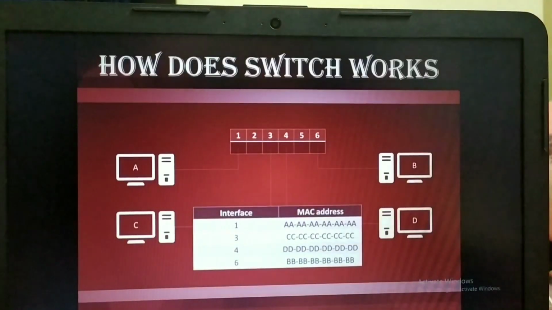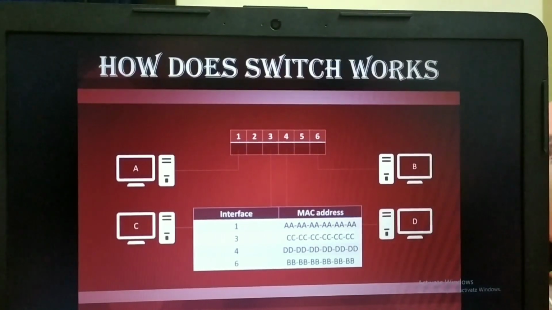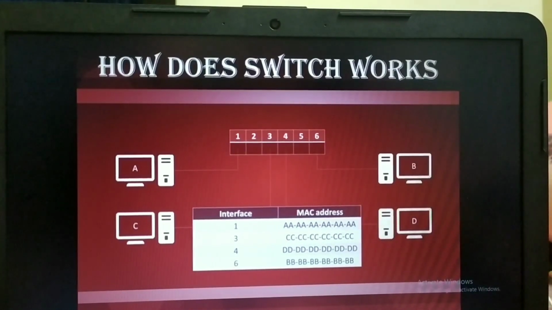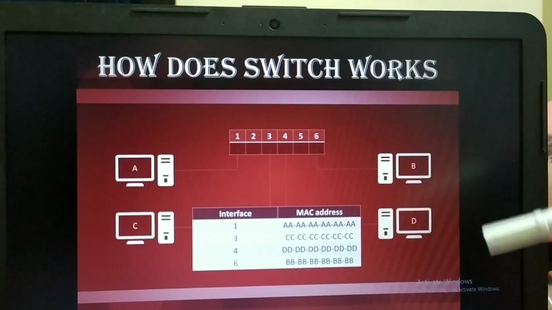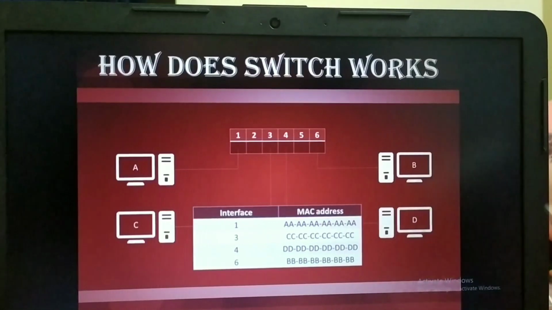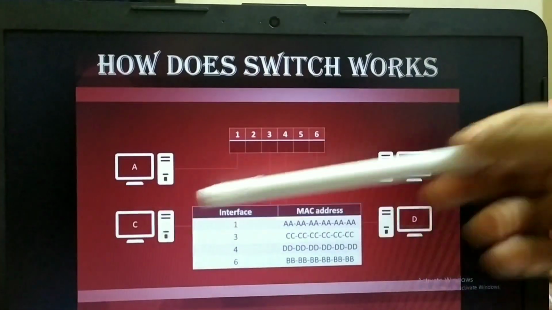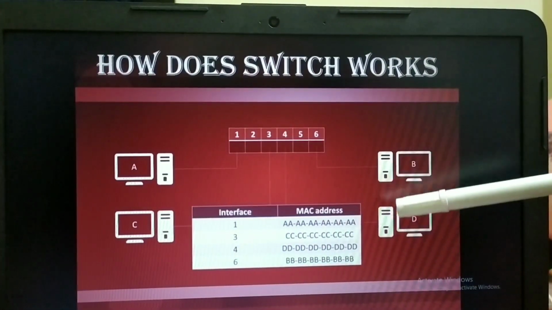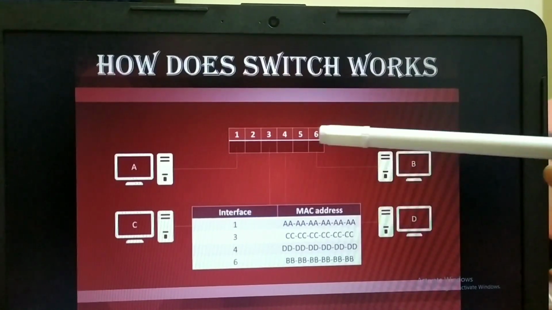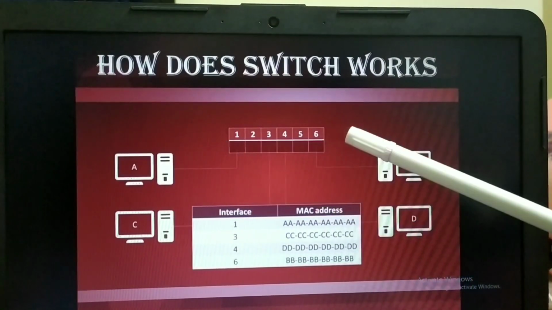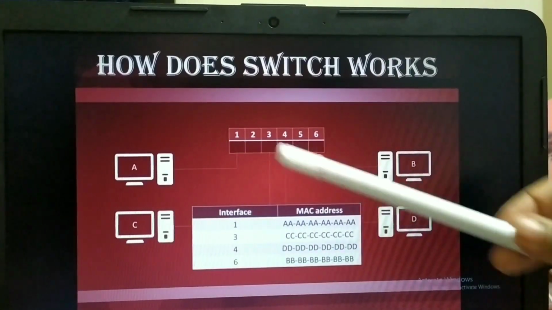So how does a switch actually work? I have already told you it is similar to a hub, but there is some difference, as it is smarter. Suppose the computers are all connected here and all have serial numbers like A, B, C, D, 1, 2, 3, 4.